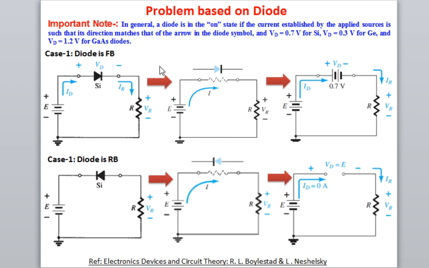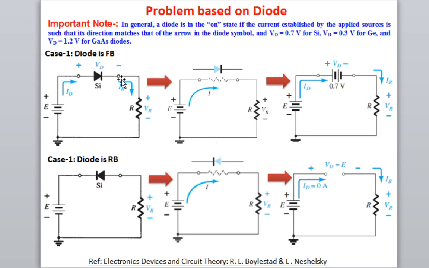Now a diode is called in off state, or sometimes in a non-conducting stage. In case of forward bias, if the diode is in on state, it is called a conducting stage. Similarly, if a diode is in off state, it means it is in reverse bias.